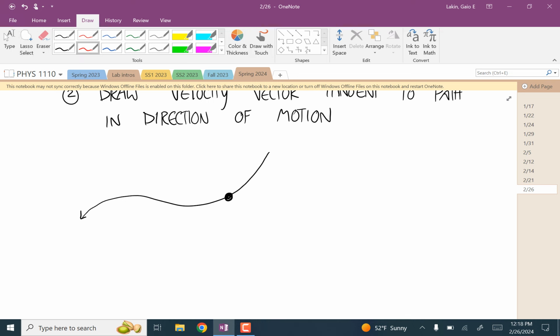So the velocity vector is in the direction the object is moving. To draw a tangent, draw the two nearby points, draw the line that goes through it. So the tangent is something like that, and the direction it's moving is this way. So this is the velocity vector. That's the direction the object is moving at that instant. And if whatever is making it move along this path disappeared and no more forces acted on it, it would keep moving in that direction forever.